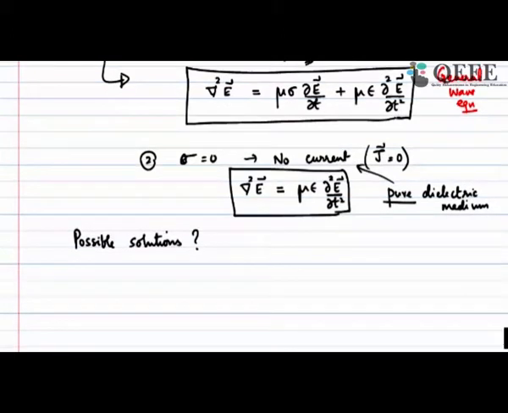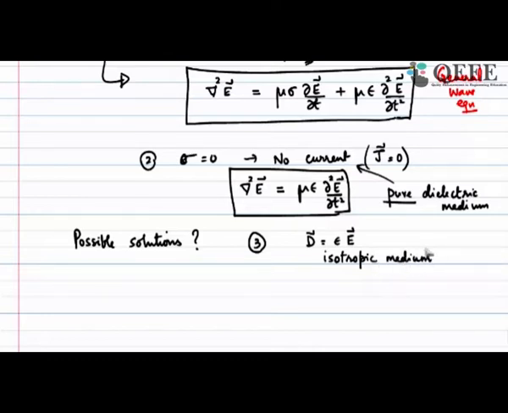Before we get to this, I will tell you one more assumption which we have made, which I have not told explicitly. What we have assumed is that D is epsilon E, or rather, at this moment we have not really made that assumption, but we are going to assume that it is an isotropic medium.